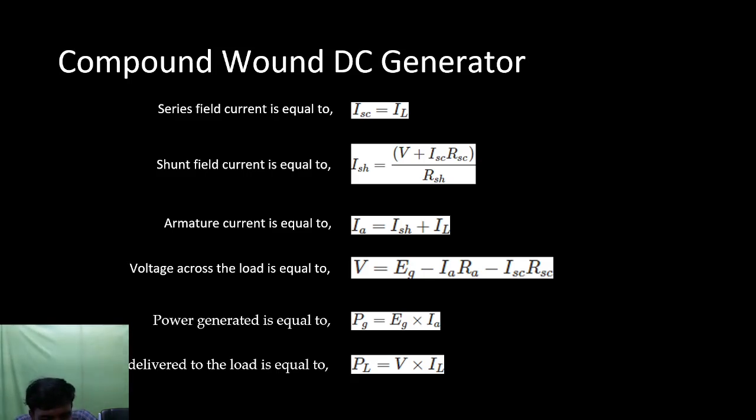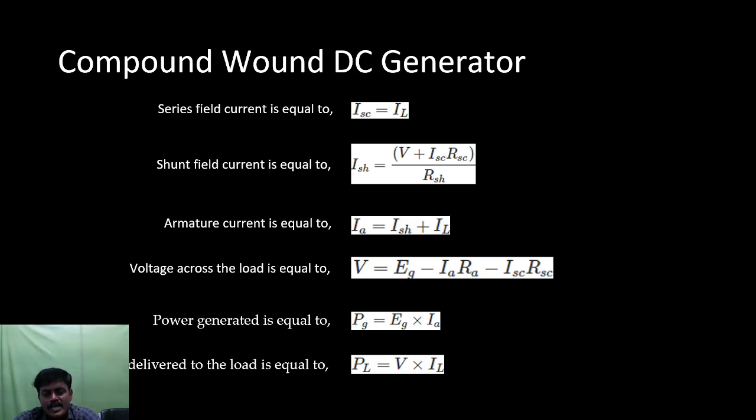Then what is the value of armature current? Armature current IA is equal to ISH plus IL. Then the voltage across the load V is equal to EG minus IA RA minus ISC into RSC.